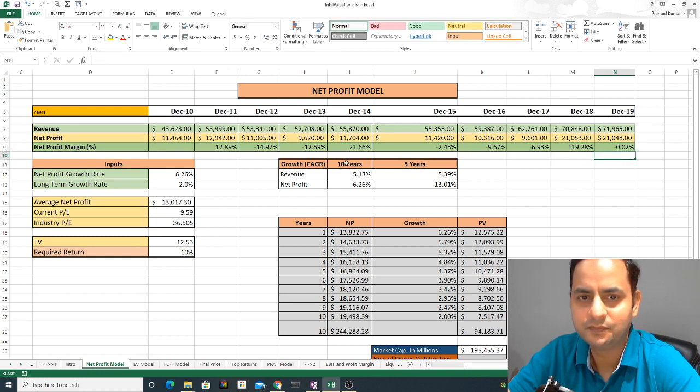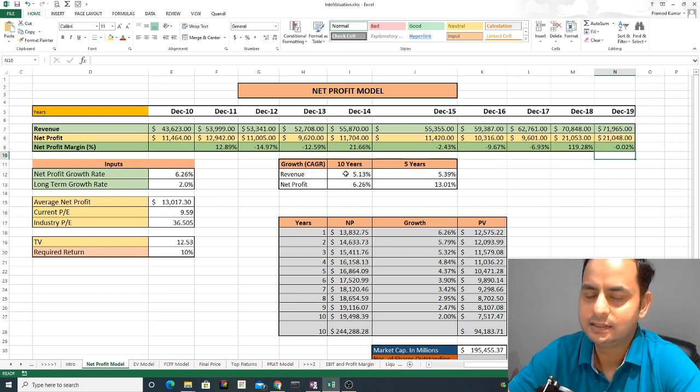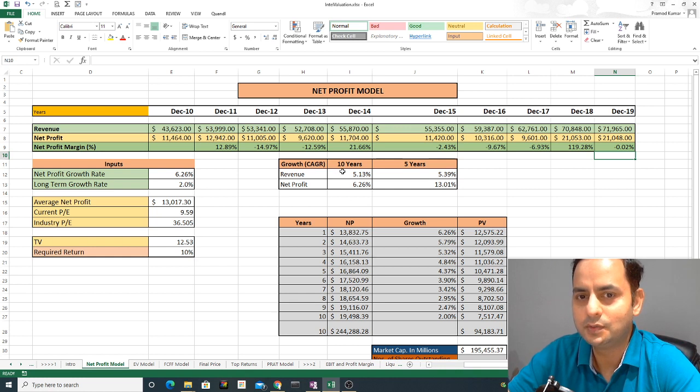It's not very stable. But if I do the CAGR for the 10 years, for the revenue I'm getting 5.13, but the net profit is a little bit higher. So it seems like although the top line is increasing by 5%, the company is able to retain well at the bottom line, which is a good sign.